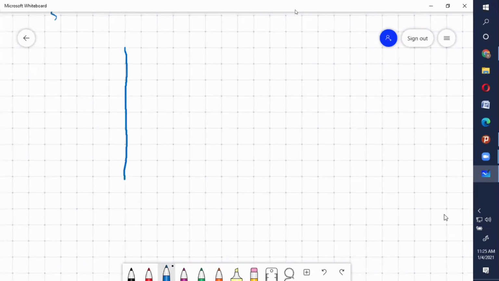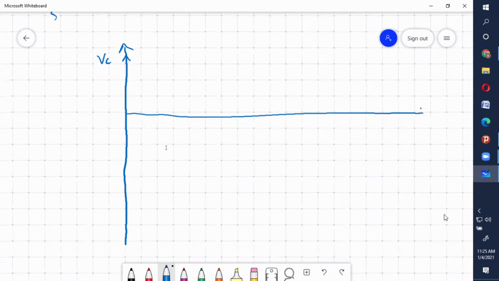Okay. Now we'll also write the waveform for this one. So this is voltage across the capacitor and this is your V out.